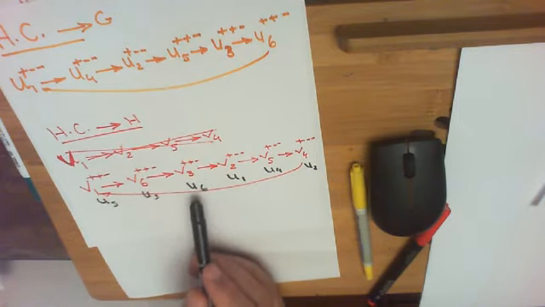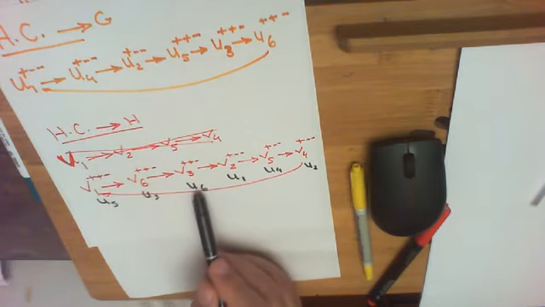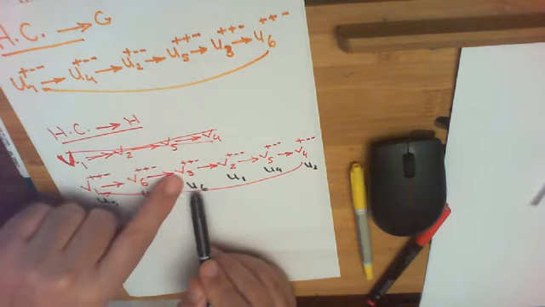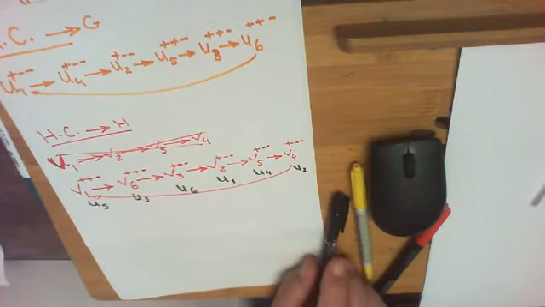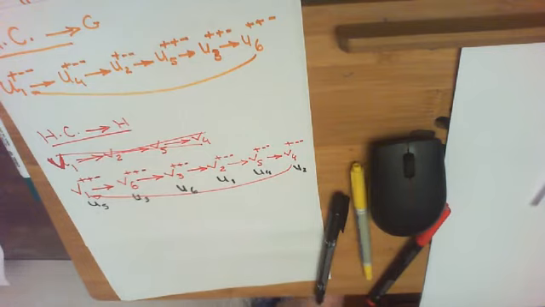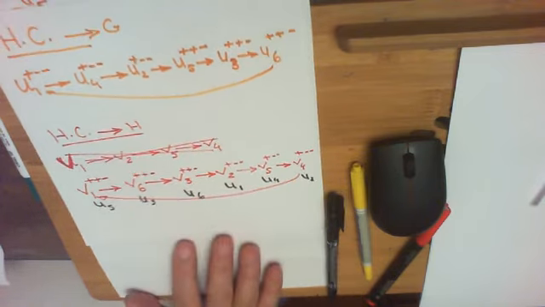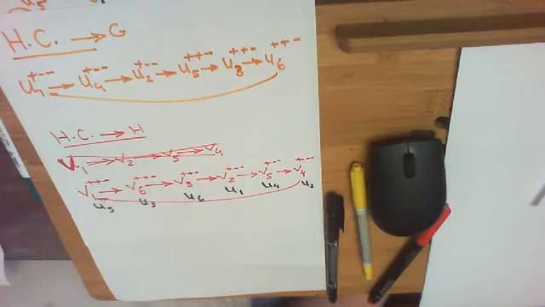Okay, V3, U6, and so on. This is the correspondence we are looking for. And the two graphs are isomorphic, or equal.